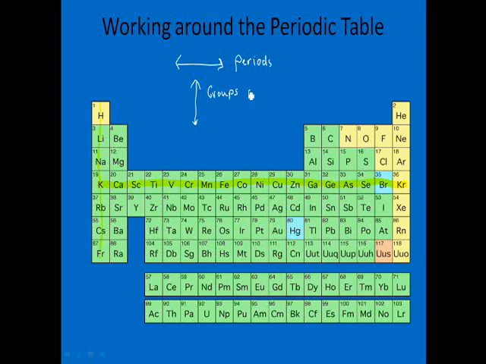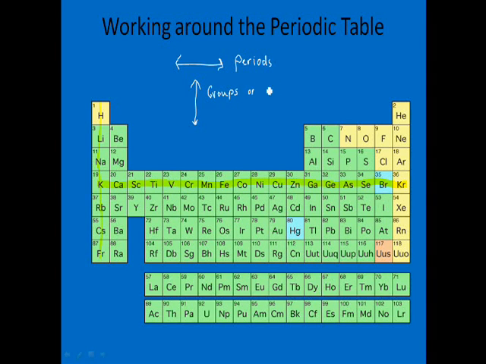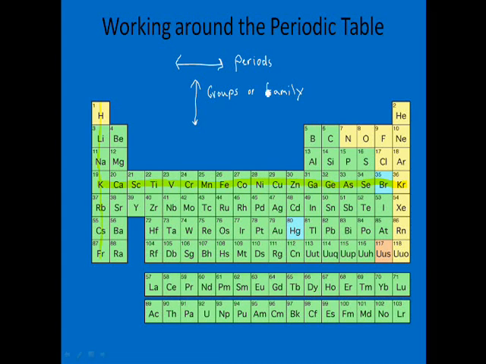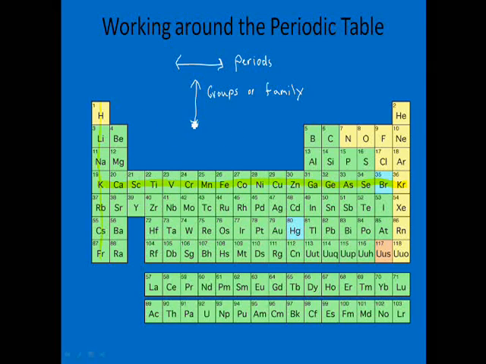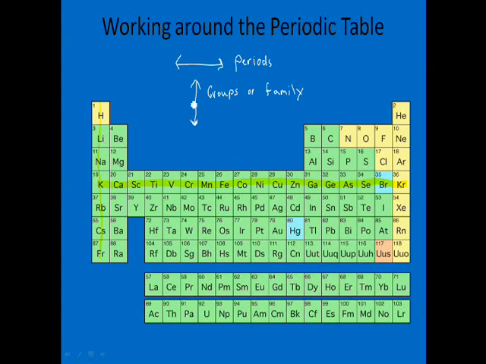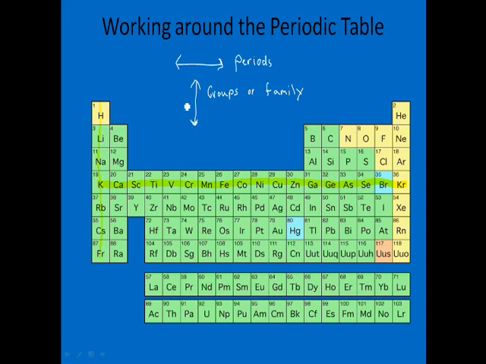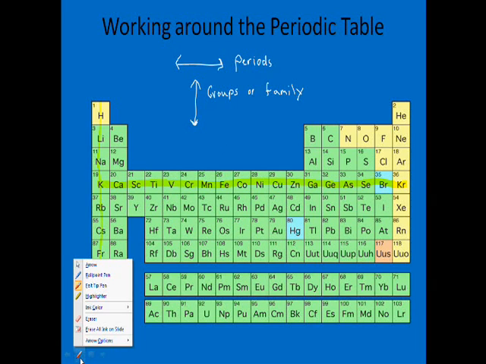Or it's very common that you hear the word family. Groups or families. It's common we talk about a family tree. Trees grow vertically up and down, so you remember that that's a group or family. We'll start to add much information to this using the ideas of groups and families and rows, periods.